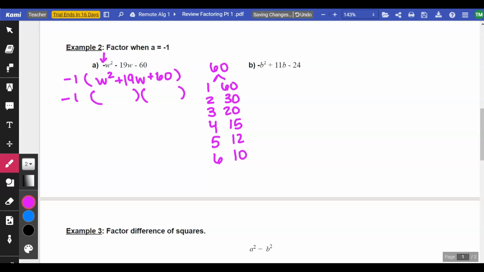All right, so now we need factors of 60 that add or subtract to give us this positive 19. Well, 4 and 15 will work for that. So I'm going to have a w times w to get w squared. I'm going to have a 4 and a 15. And I need a positive when I multiply and a positive when I add, which tells me that both factors have positives in them. So let's double check this just to make sure that we're right before we circle it as our final answer.